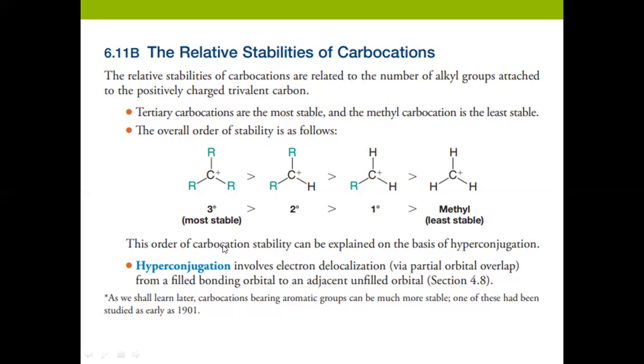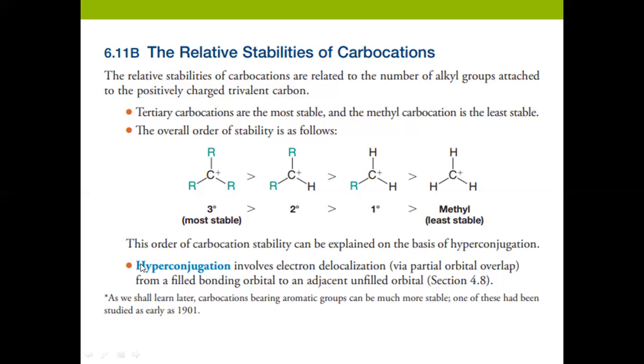And why is that? What is the reason that a 3° carbocation is the most stable one? The answer is hyperconjugation. What is hyperconjugation? Hyperconjugation involves electron delocalization via partial orbital overlap from a filled bonding orbital to an adjacent unfilled orbital.